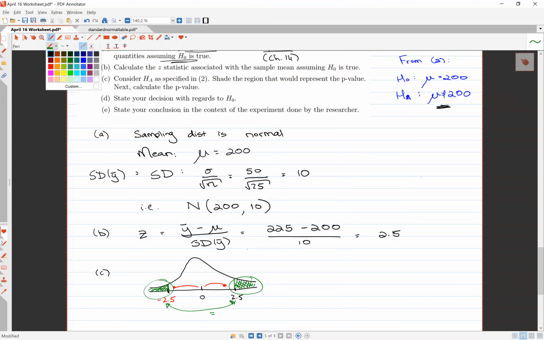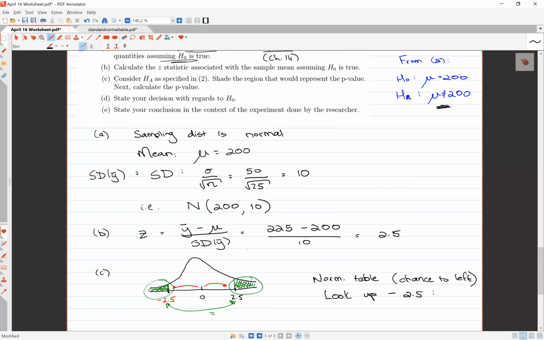Since the normal table gives us area to the left, if we look up negative 2.5, that'll give us that left tail area.